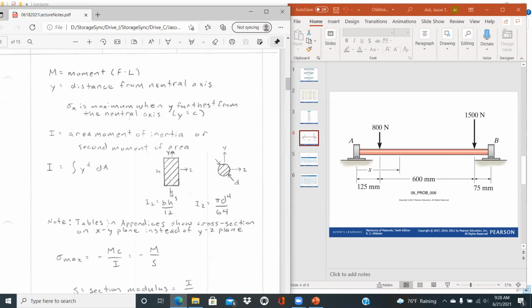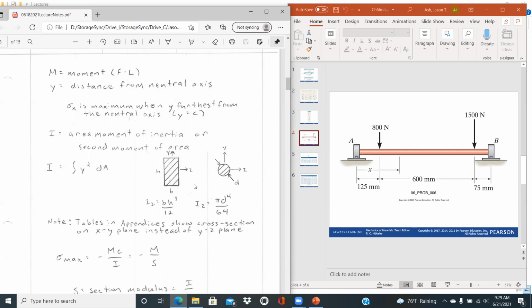So for the IZ axis, the area moment of inertia about Z, I would define the base and height as shown here. But if we're solving for I about the Y direction, I would just redefine these. So the base would be this long edge and the height would be the short edge. And then you only have to remember that one expression.